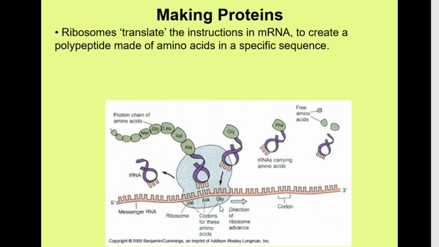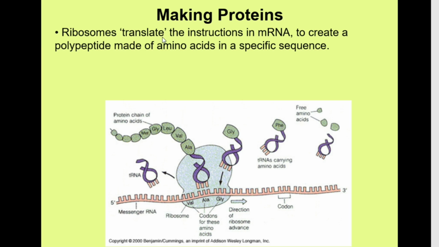The ribosome reads the instructions in the messenger RNA. Transfer RNAs bring the amino acids into the ribosome based on the instructions within the messenger RNA. And then the ribosome acts as an enzyme to carry out dehydration synthesis to join our amino acids together to form those peptide bonds.